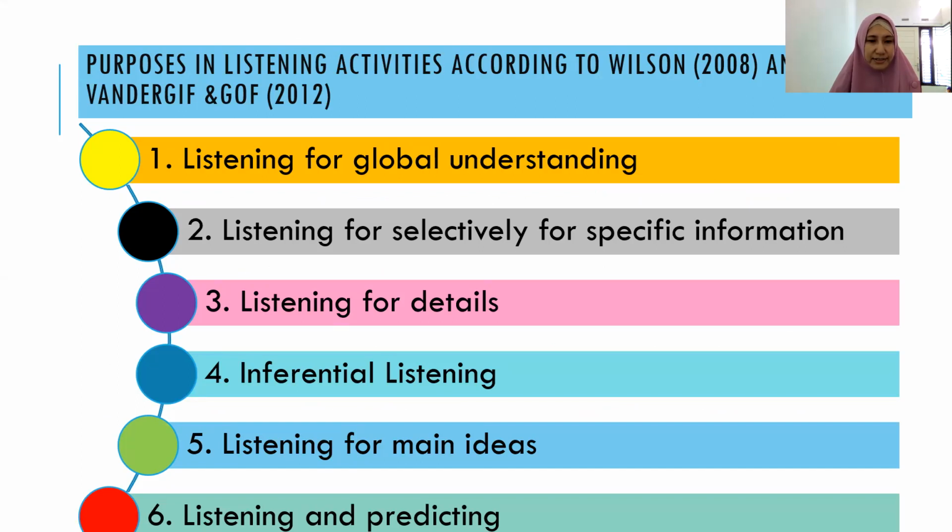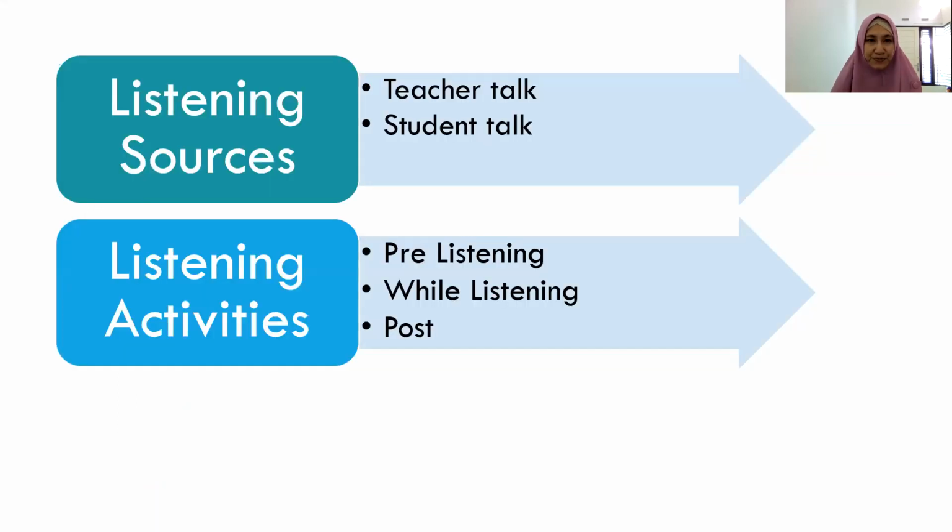The fifth is listening for main ideas, and the sixth point is listening and predicting. There are some listening sources, consist of teacher talk, and student talk. And then listening activity consists of pre-listening, while listening, and post-listening.